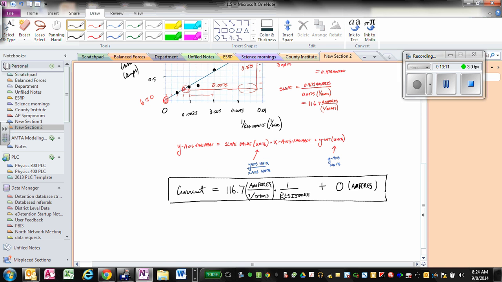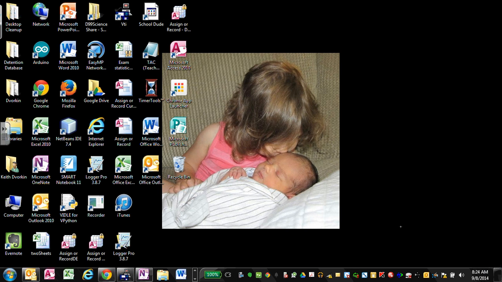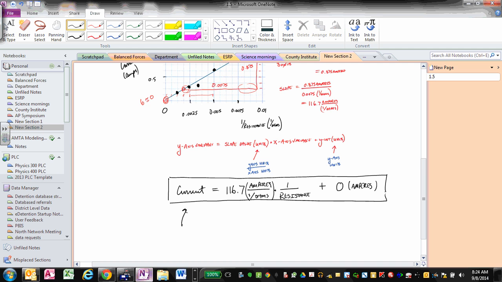Alright, by mathematical model, I mean we could now use this equation to determine one value from the other.